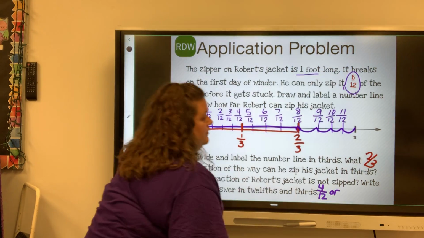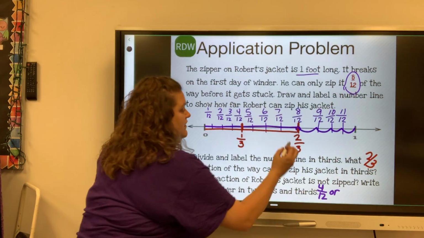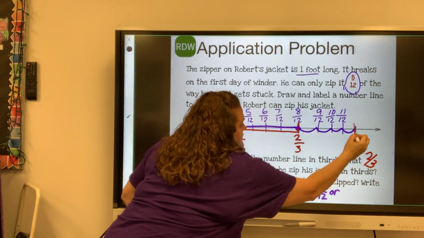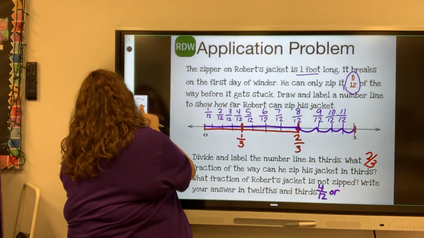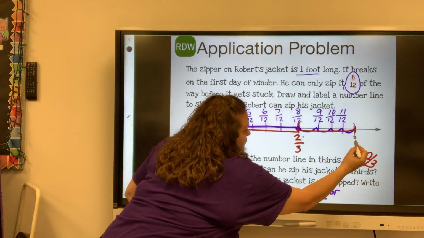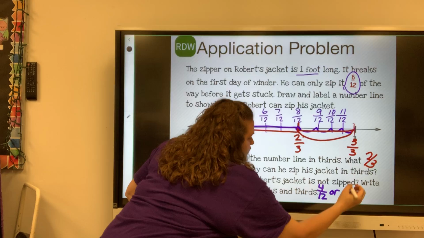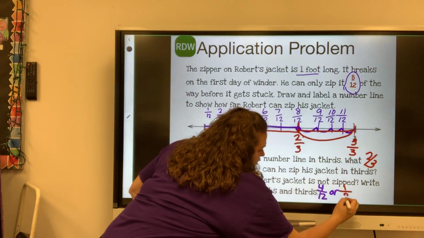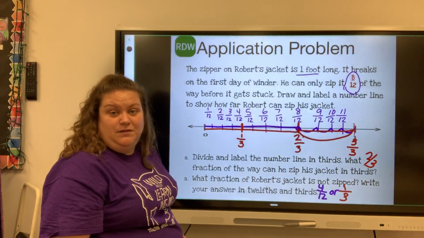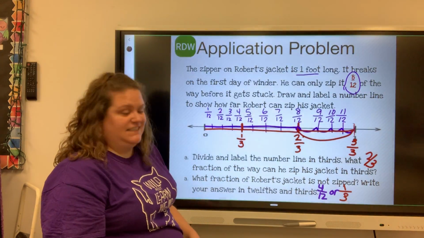Looking at this whole chunk in the red, I didn't mark out before, but this would be 3/3. So this is 1 piece of our thirds. So 4/12 of it is not zipped, or the equivalent fraction to 4/12 would be 1/3 not zipped.